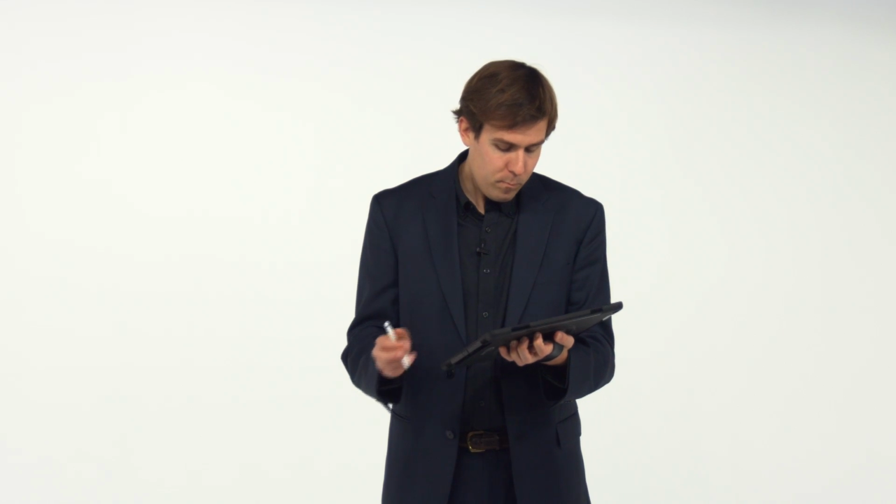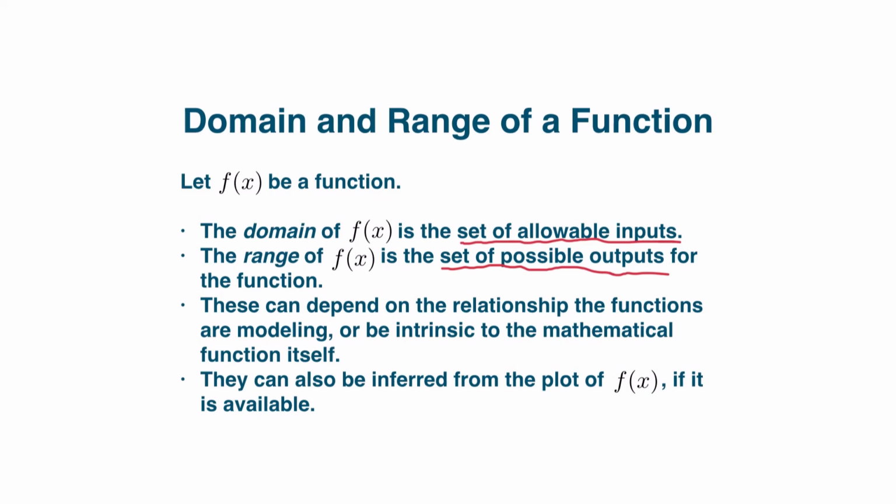Okay. Right? So what kinds of things can restrict the domain and range? Well, the range you sort of have to compute by hand, but the domain can be restricted based on intrinsic mathematical properties. So for example, what do I mean by this?